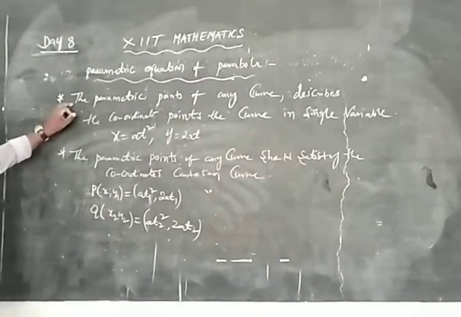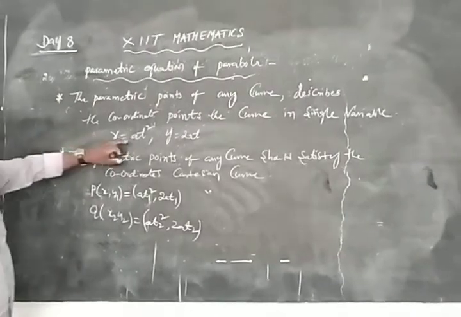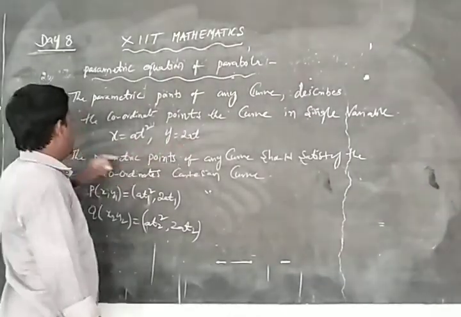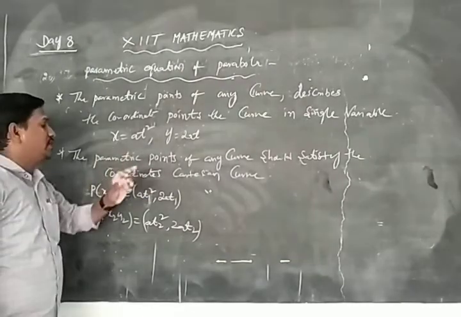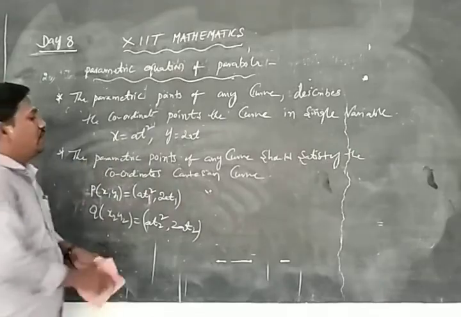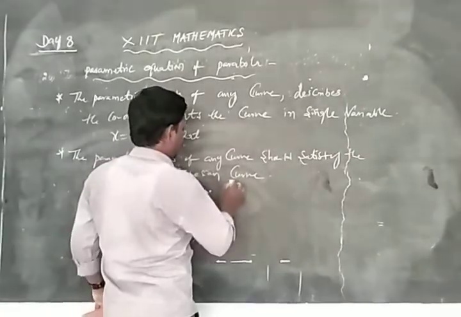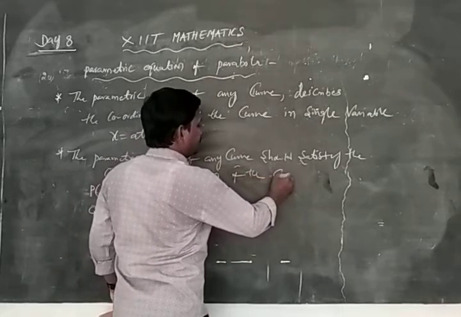The parametric points of any curve describe the coordinate points of the curve in a single variable, x is equal to at square, y is equal to 2at. The parametric points of any curve should satisfy the Cartesian coordinates of the curve.